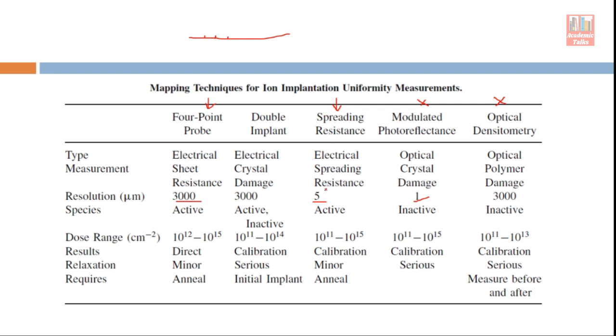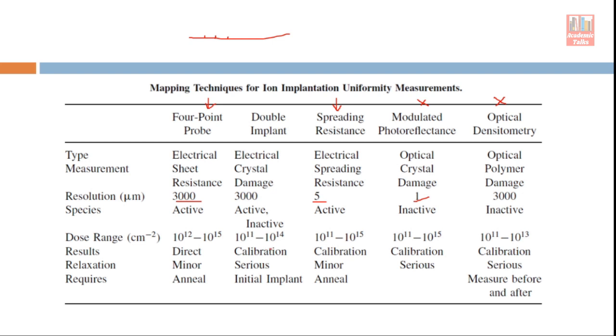But spreading resistance gives you far better resolution. It means you can get repeated measurements at a gap of just 5 micrometer. So very good resolution is possible as far as electrical characterization techniques are concerned. That's why spreading resistance is widely used for resistivity profiling instead of the four probe method.